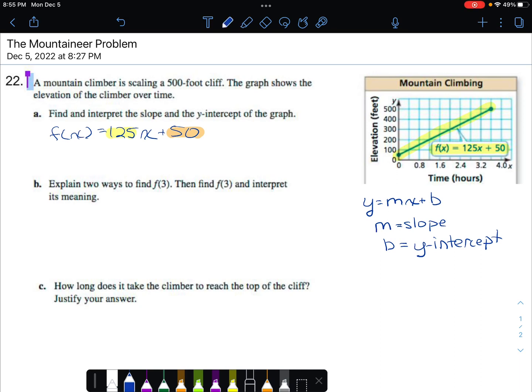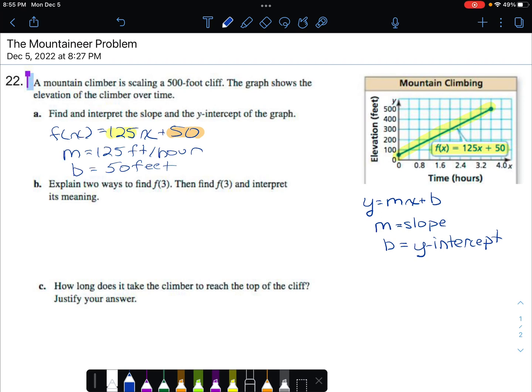Okay, so I would say m is equal to 125, and that's 125 feet per hour. And my b, my y-intercept, is going to be equal to 50. And that's going to be elevation, 50 feet.